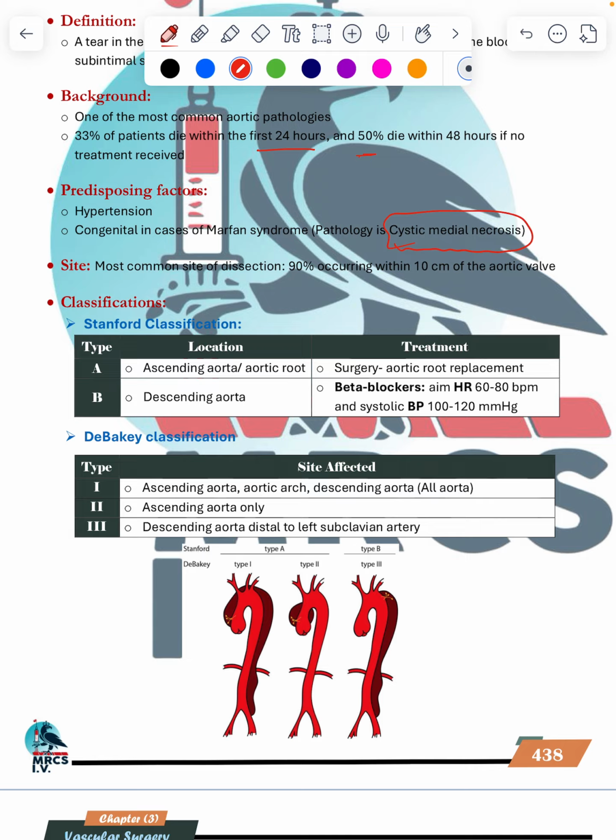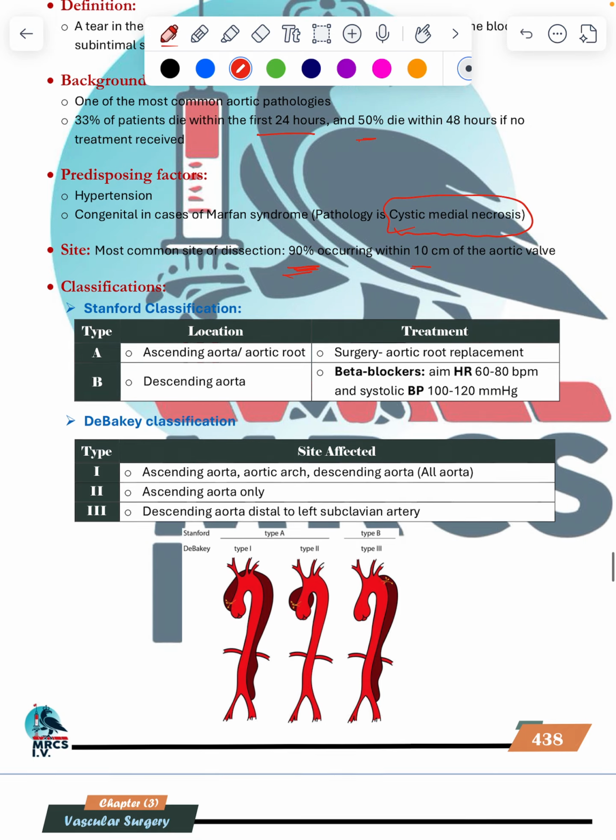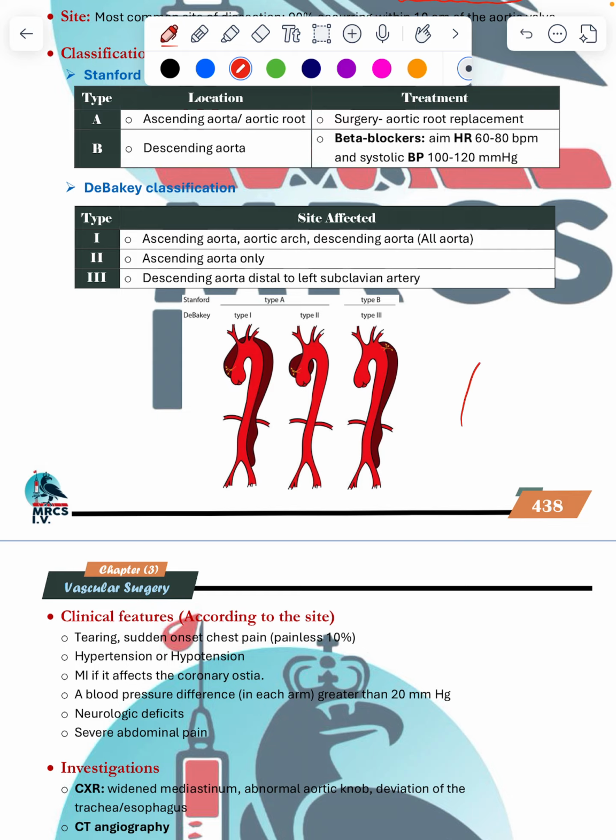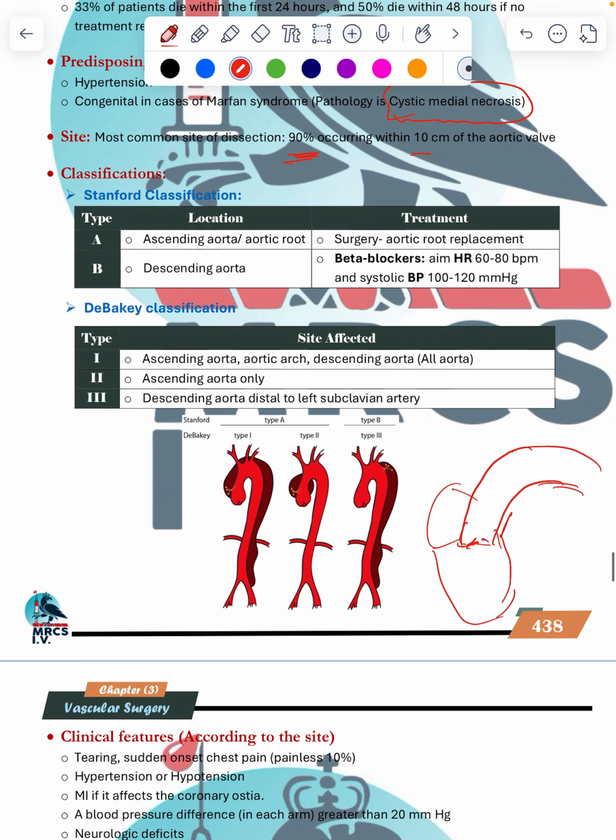The most common site of dissection: 90% of dissections occur within 10 centimeters of the aortic valve. So if you see, the aorta is rising like this. This is the arch of the aorta, and these are the aortic walls from the left ventricle, and above is the left atrium. So it occurs within the first 10 centimeters of the aortic wall.